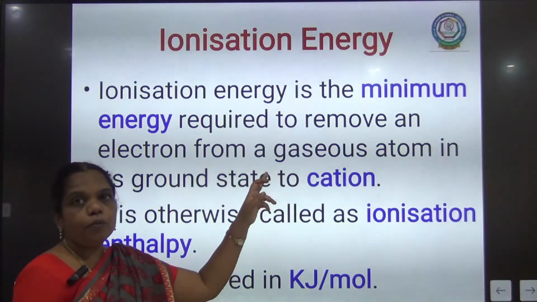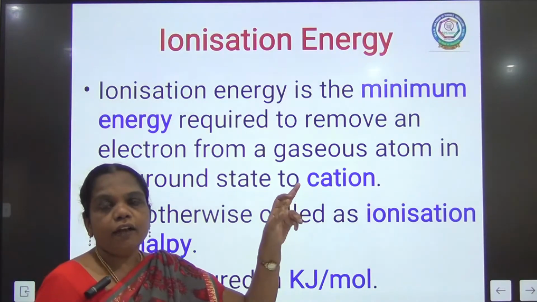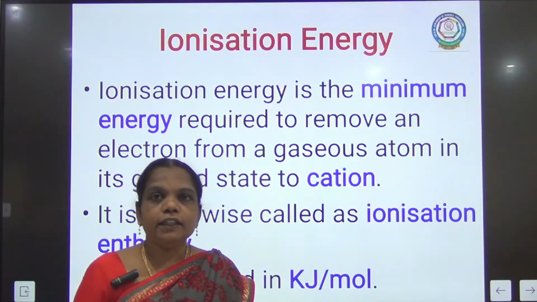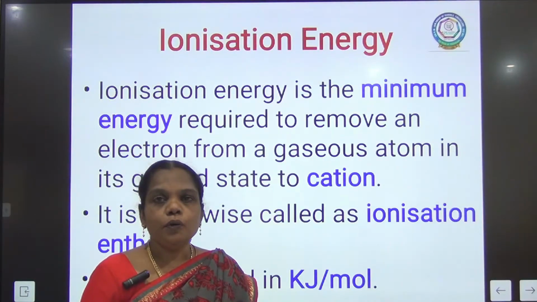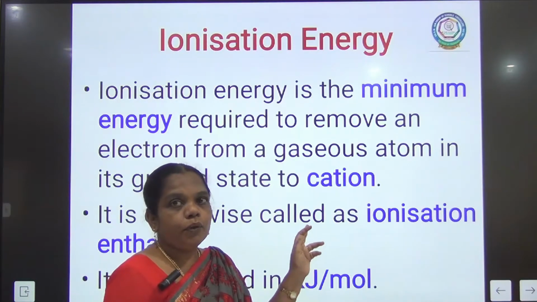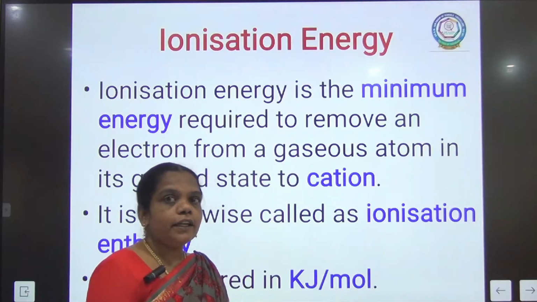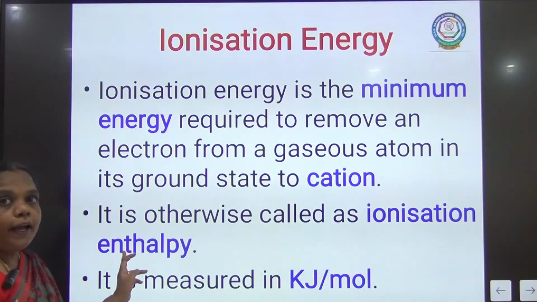So we are going to remove a loosely bound electron, that is, a valence electron. So the ionization energy is nothing but the minimum energy required to remove the valence electron from the neutral atom to become a cation. The ionization energy is otherwise represented as ionization enthalpy.